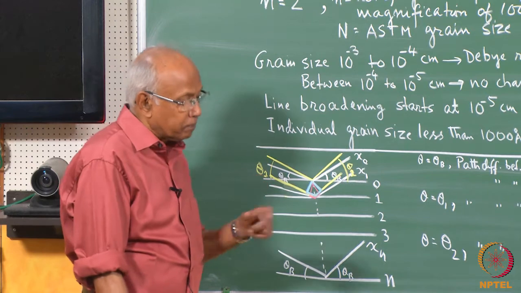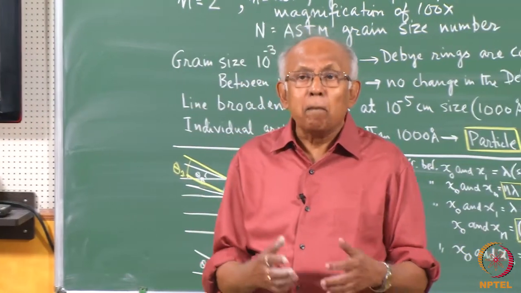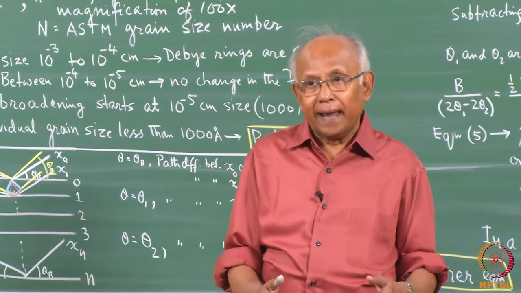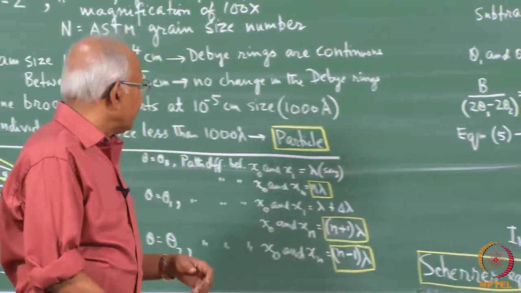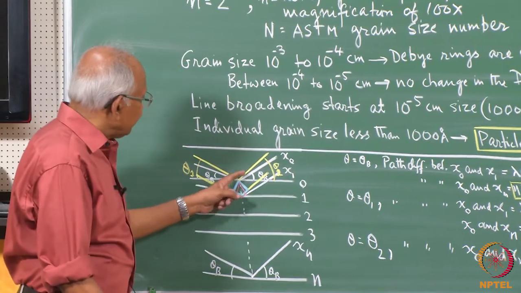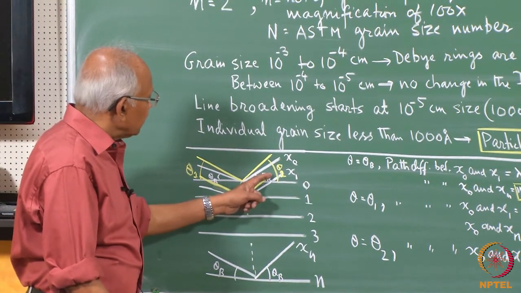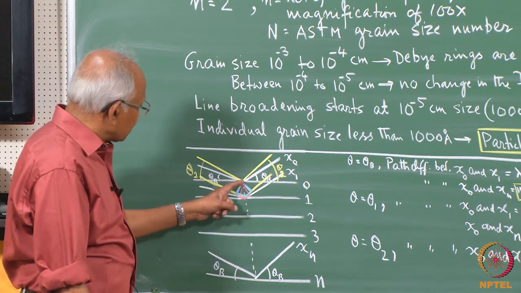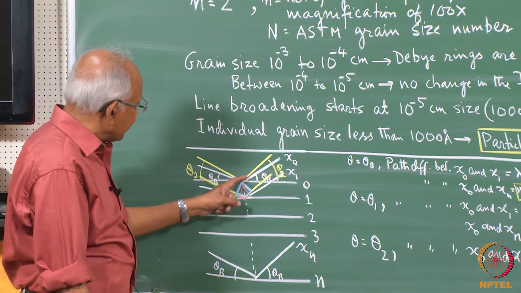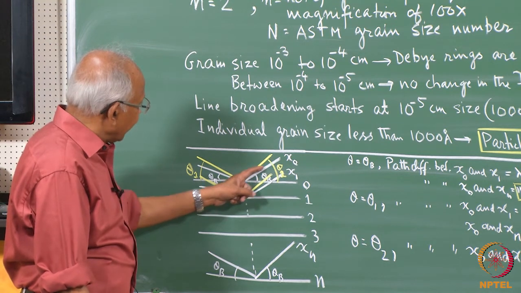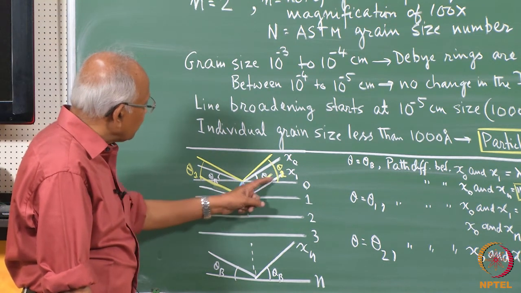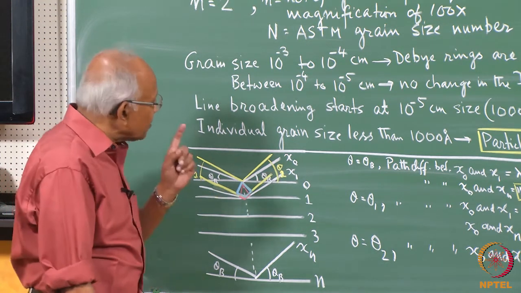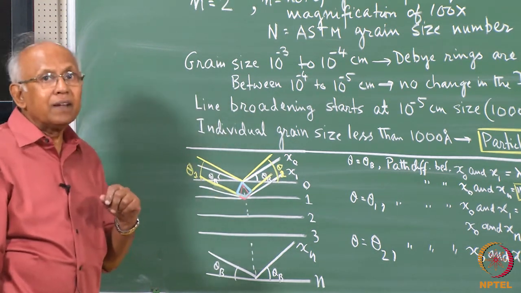The reason is very simple. In order for complete destructive interference to take place, we need the diffracted waves to be completely out of phase. If at these 2 points the diffracted radiations, like x0 and x1, are completely out of phase, only then won't there be any diffraction.